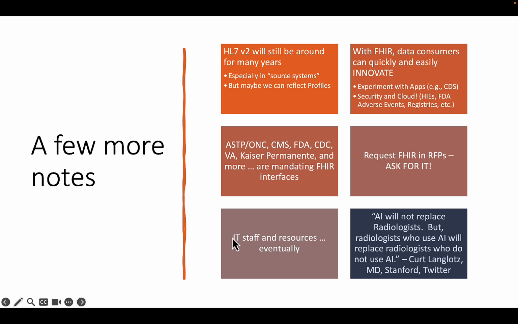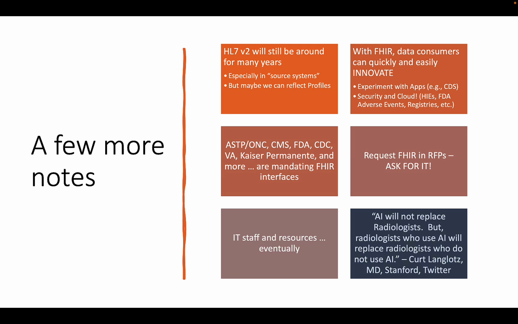Eventually, hopefully we'll see a reflection in the IT staff and resources, both in terms of time and freeing up their time to be able to spend it in other places. With FHIR, the data consumers, here's your small apps, can quickly and easily innovate. This means not every single thing has to be done inside your EHR. EHRs are great. They don't do every single thing the best that any app in the world could do.